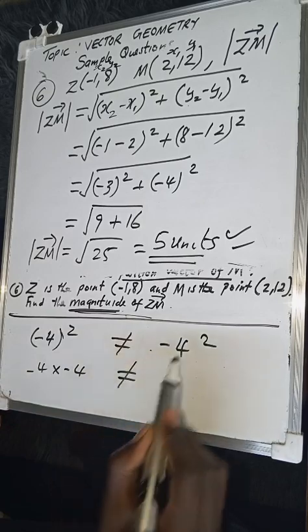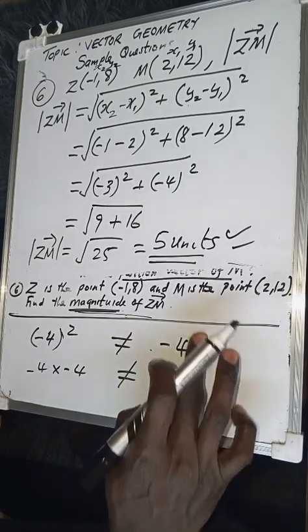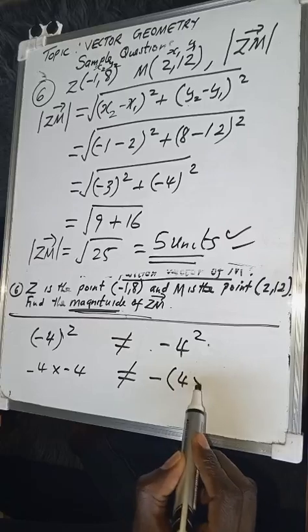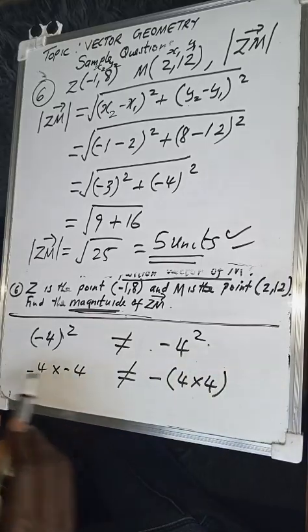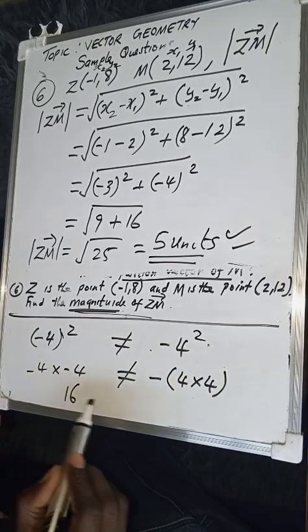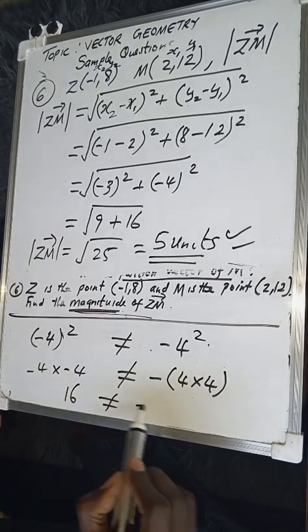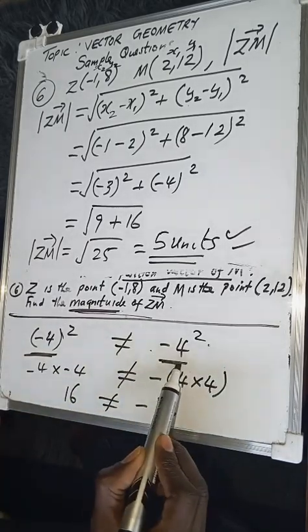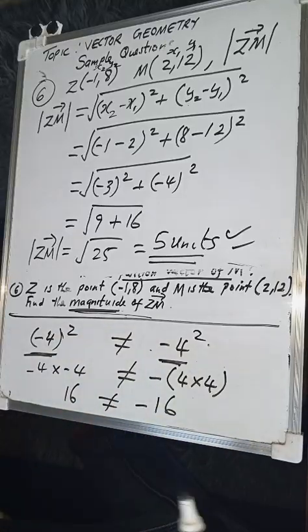But when you write -4 squared without brackets, you mean the negative is not being squared. What is being squared is the 4. So here, negative and negative will give you +16, and there it will give you -16. So you can see this and that are not the same. So it's always important to pay attention in your mathematics, because small simple things may make you even get the question wrong.